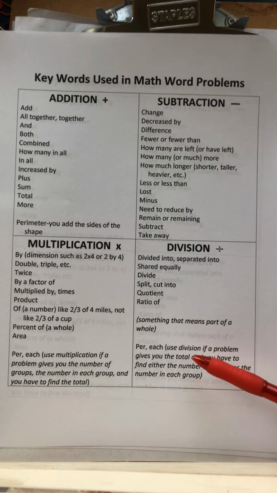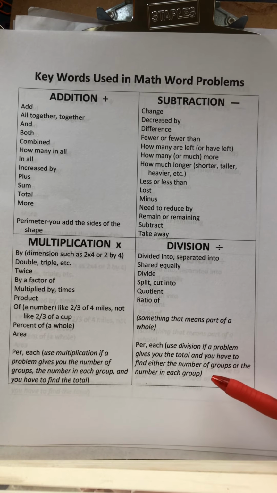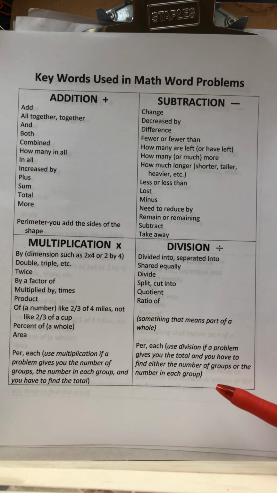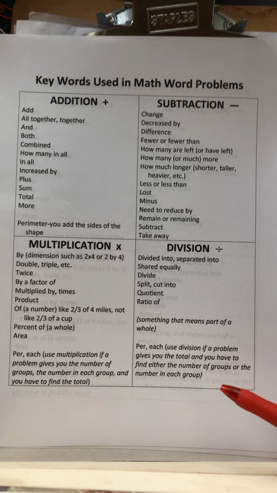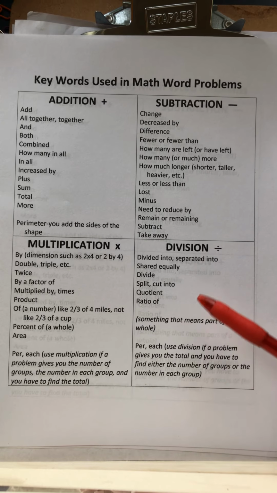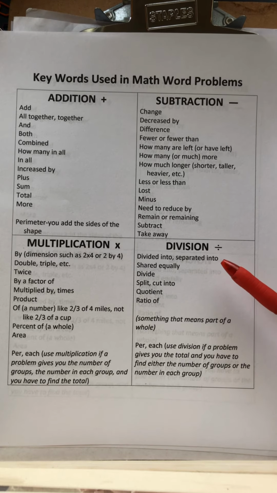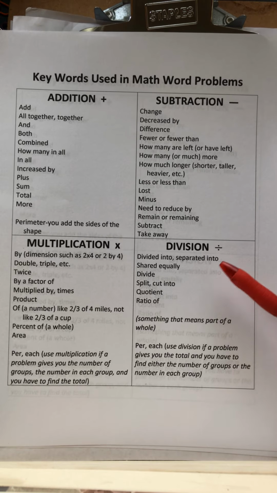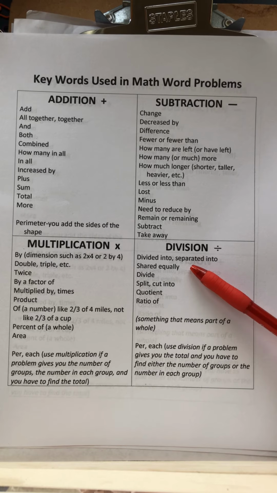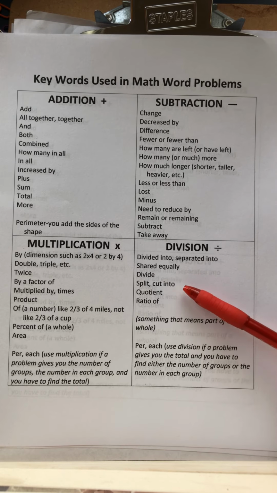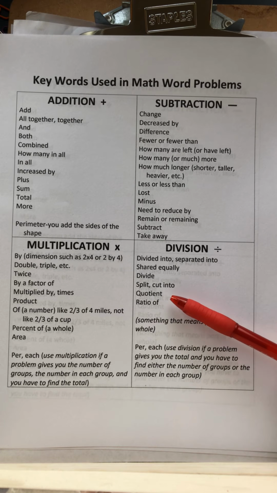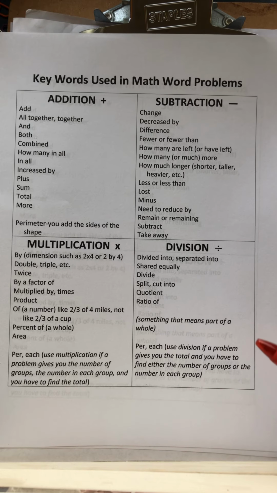If they give you the total and you have to find one of those other two things, either the number of groups or the number in each group, then that means you're going to be dividing. Now, a lot of the words for division make sense. Divided into, separated into, shared equally, divide, split, cut into, quotient, ratio of.